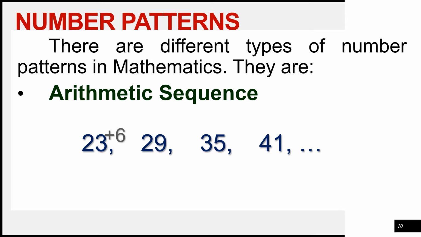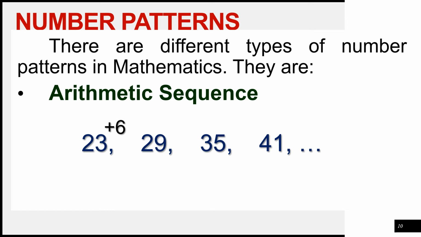Here is an example. We have 23, 29, 35, and 41. How do we get to obtain the next terms? Now, as you can see, there is a plus 6 above 23. Now, what does this mean? This positive 6 is called the common difference. This is added to each of the succeeding terms so that we will be able to identify which number comes next in the sequence.